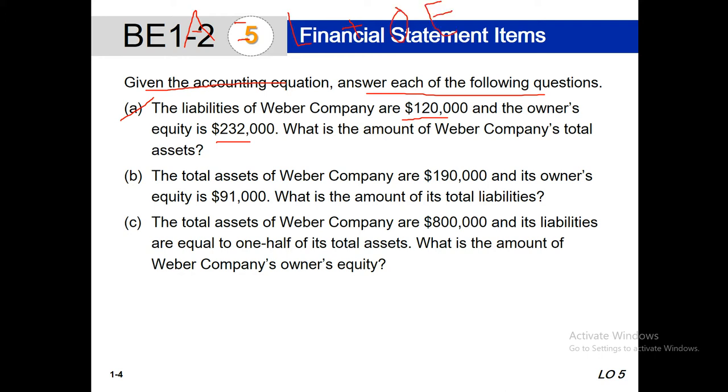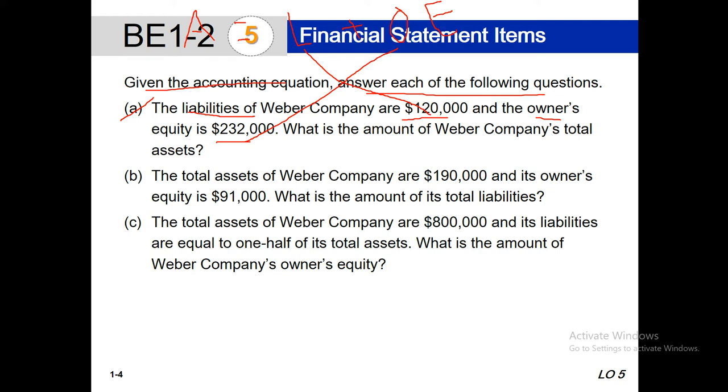So according to this equation, Weber Company's liabilities are 1,20,000 and the owner's equity is 2,32,000. We know assets equal liabilities plus owner's equity.